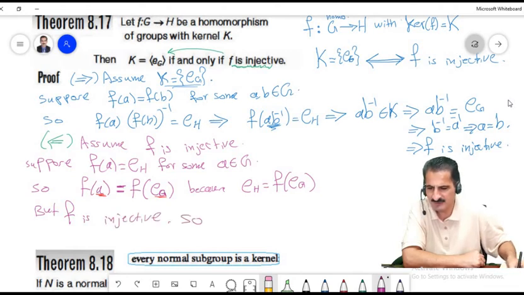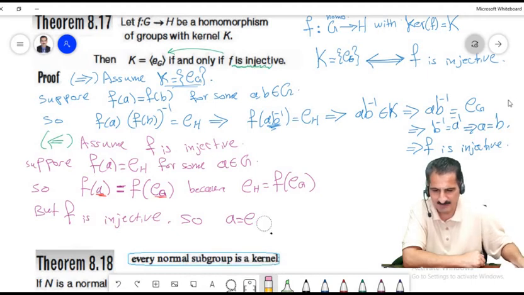So we must have A be the identity of G, and that means the kernel consists only of the identity. The kernel of f consists only of the identity of G.